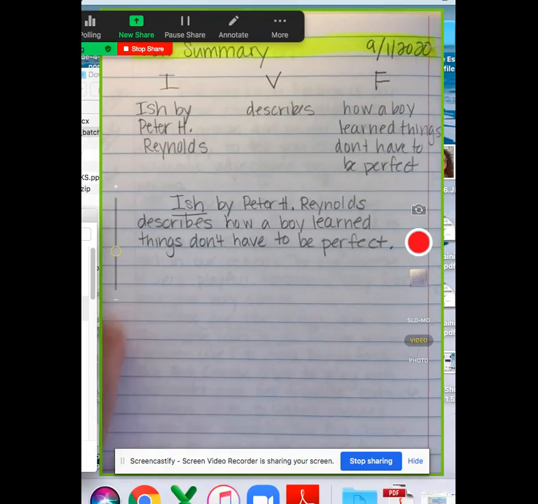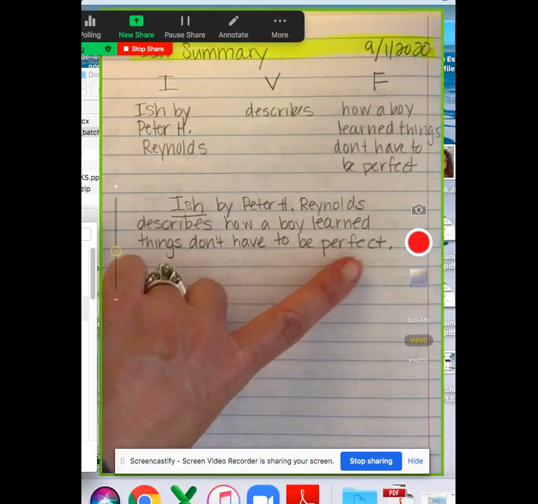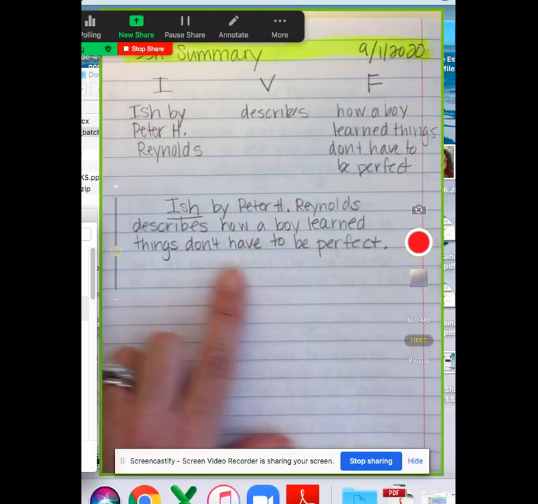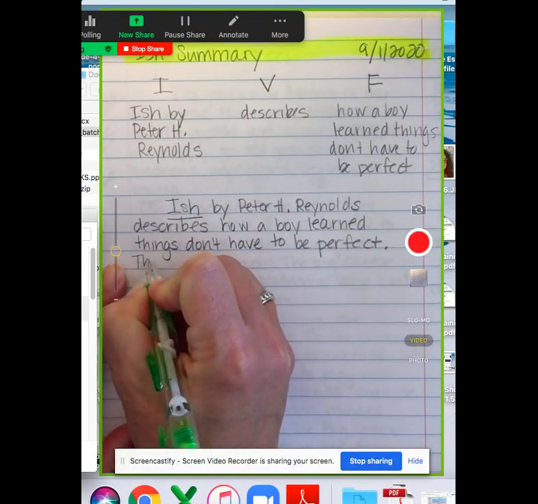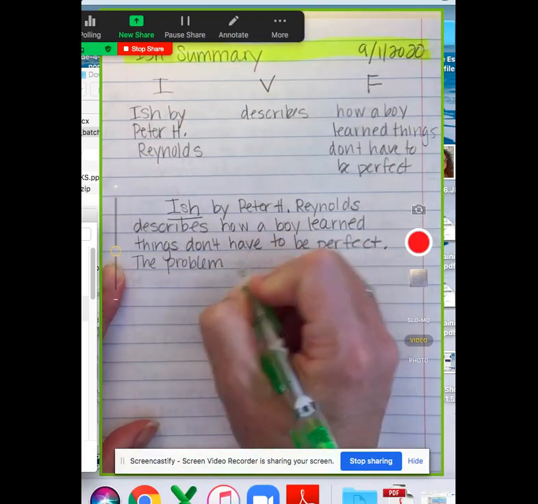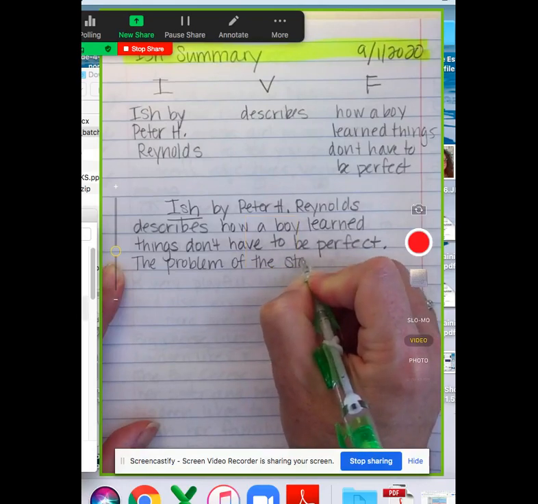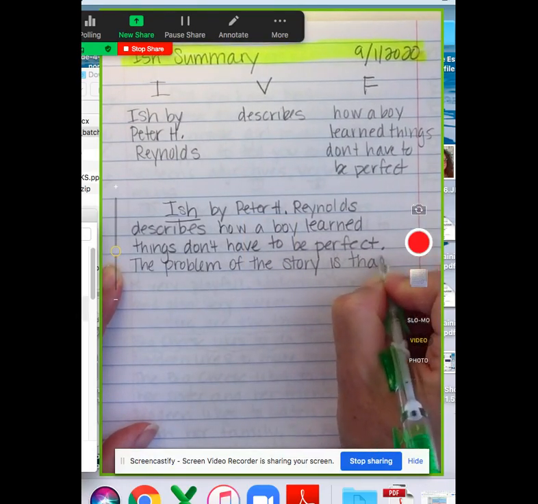I love it. So we started a new paragraph here. We indented. Our next sentence can start right after the period. Since I'm out of room, because I don't want to go outside the margin, I'm just going to go down to the next line. So Kaya said, the problem of the story. Will you say it again, Kaya? The problem of the story is that Ramon is unhappy with his drawings.